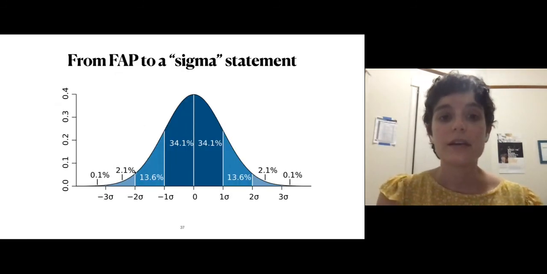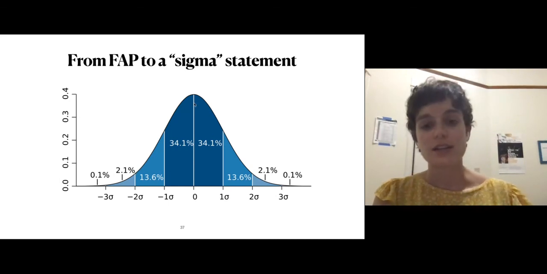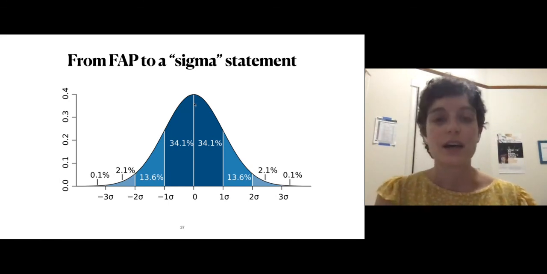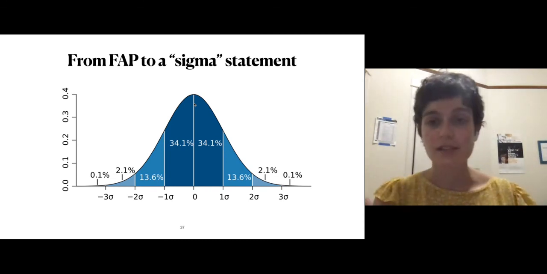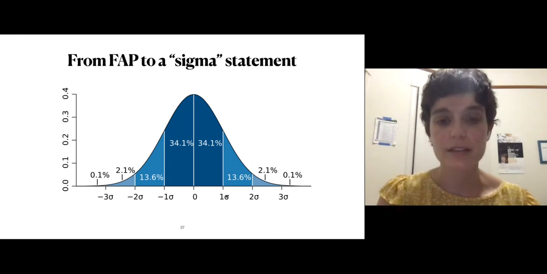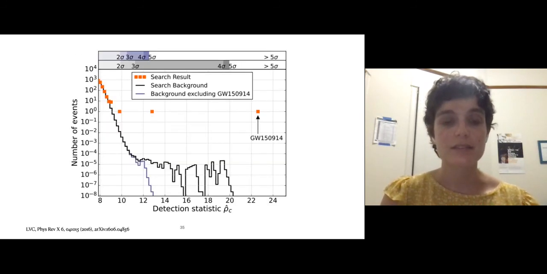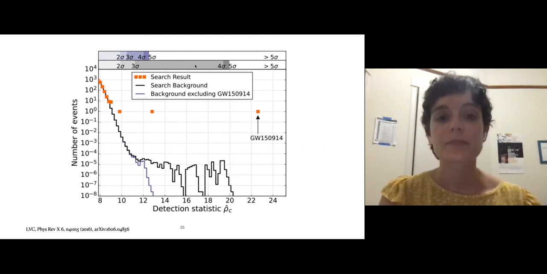We can then go from that false alarm probability to these 1 sigma, 2 sigma, 5 sigma significance statements by just assuming a Gaussian distribution. So that is all that those standard deviation significance things mean on a plot like this.